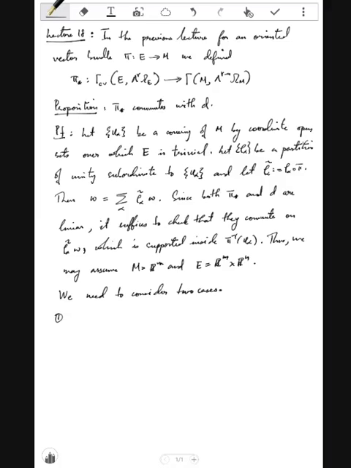So first, assume omega is equal to f of x, t dx_I wedge dt_1 through dt_n.